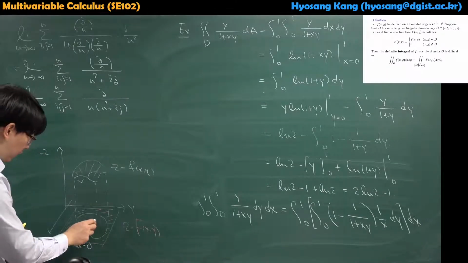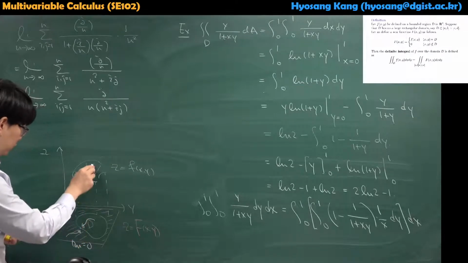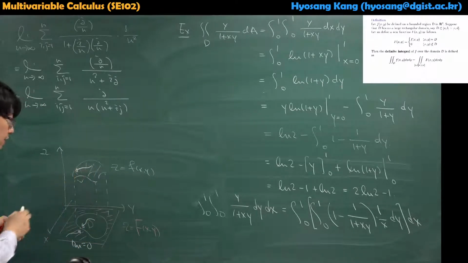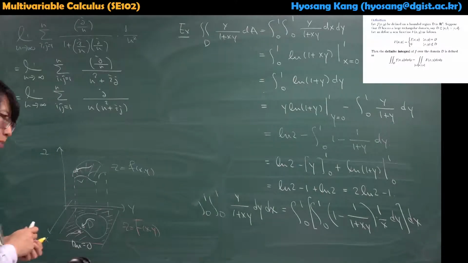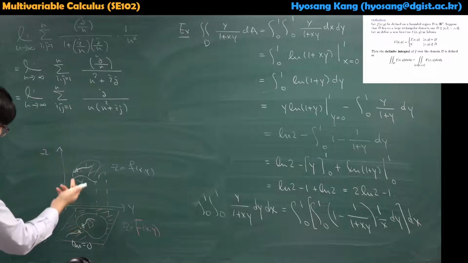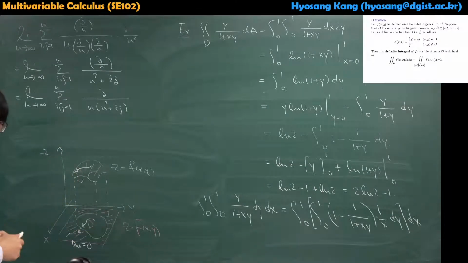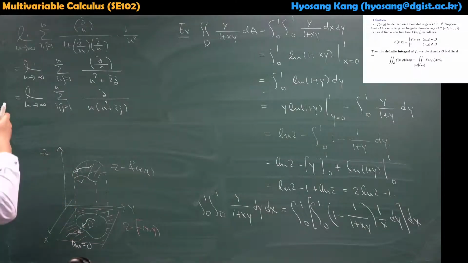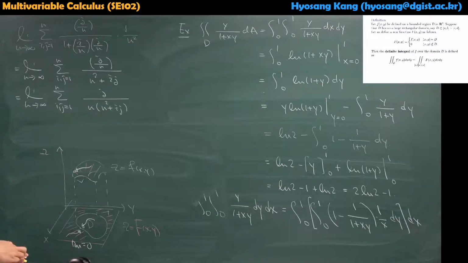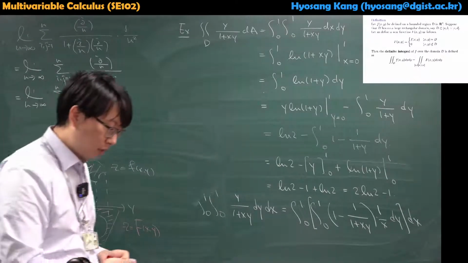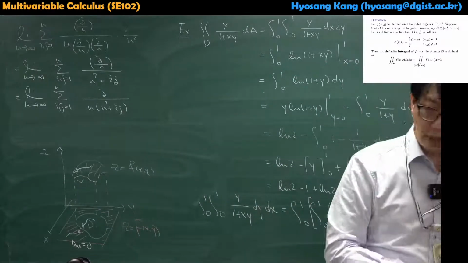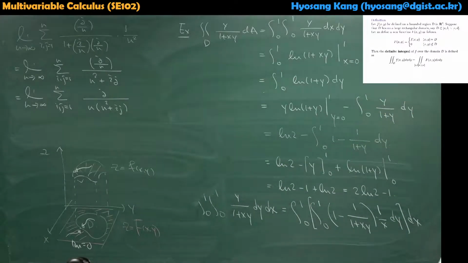However, if I approach this point from inside of D, it approaches along the graph of small f, so it also has a bounded number not equal to 0, but anyway the limit is bounded. So as long as the limit is bounded and the set of discontinuous points has area 0, we have a double integral.